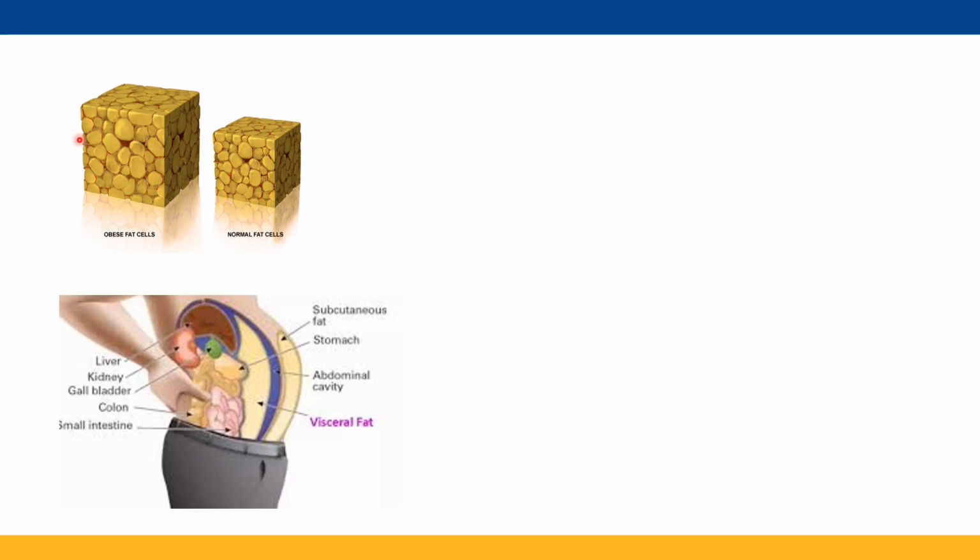Now we will talk about the function of lipids and fats. I want you to compare these cells to this one. The second ones are from a normal person, and this one is from a person that is overweight. Here you can see that there is not a lot of change in the number of cells. The main difference is that this one is storing much more fat.